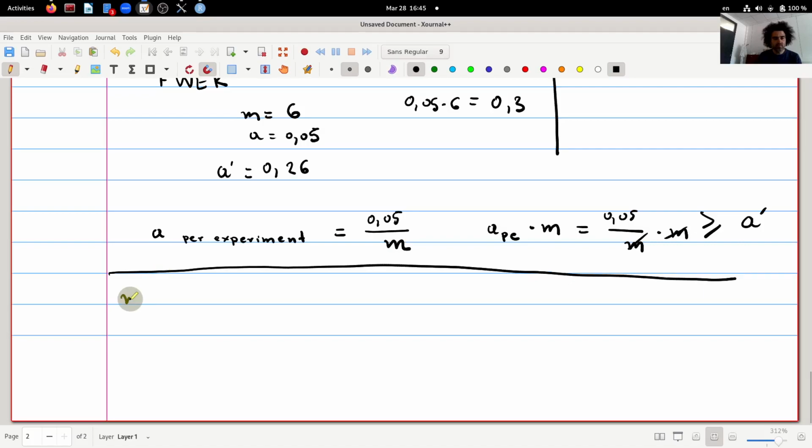We have done m experiments, and we write that we will reject the null hypothesis if the p-value of an experiment is smaller than 0.05, which is the alpha, divided by m, which usually is 10,000. So in our case, m is 10,000.